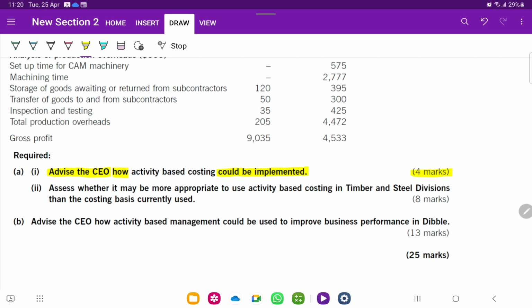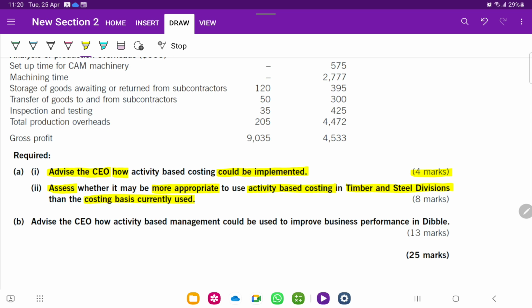Assess whether it may be more appropriate to use activity based costing in timber and steel division. We don't know what is timber, we don't know what is steel, but this is some sort of assessment type of thing. Assess whether it may be more appropriate to use ABC in timber and steel division than the costing basis currently used.